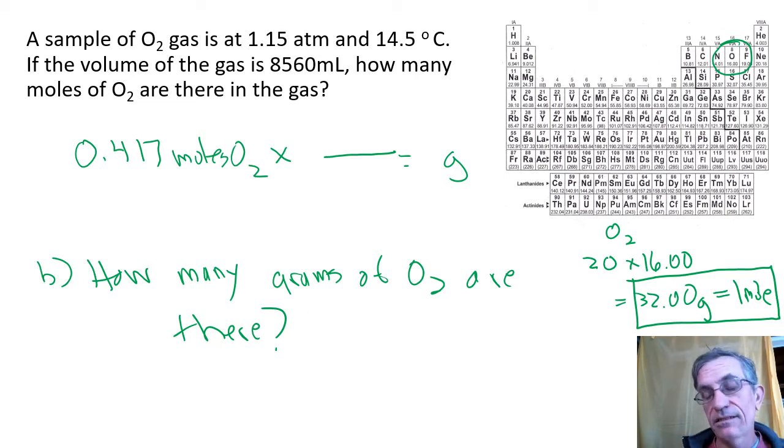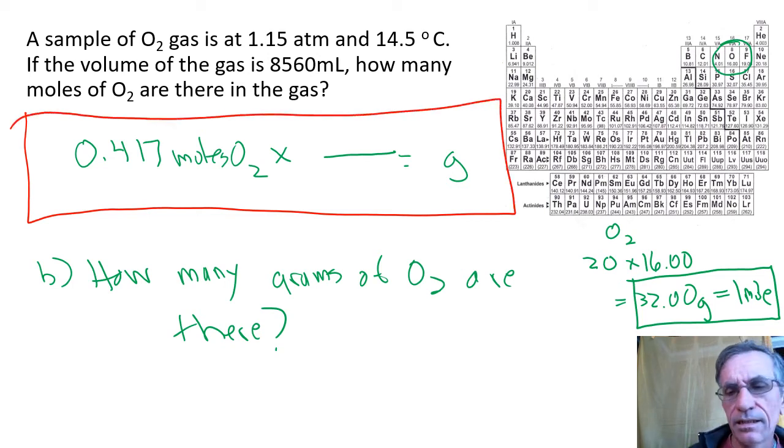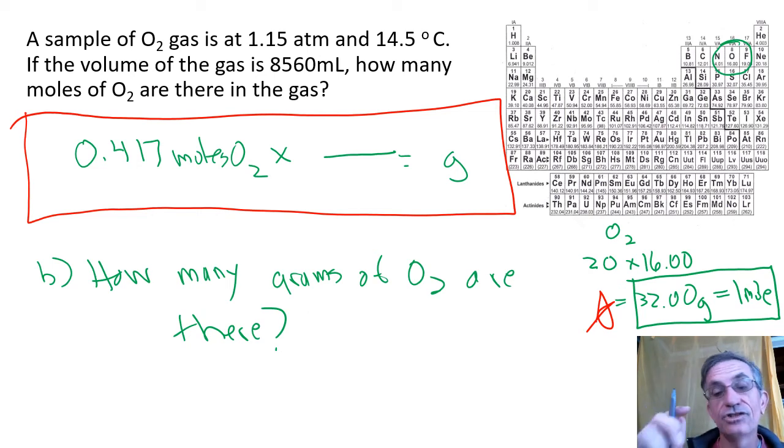So with that, what are we going to do? What we would do then is go from moles to grams. You tell me. We're up here now, here's our work, here's our conversion factor. Are you going to multiply by 32 to get to grams, or divide by 32? You should multiply.